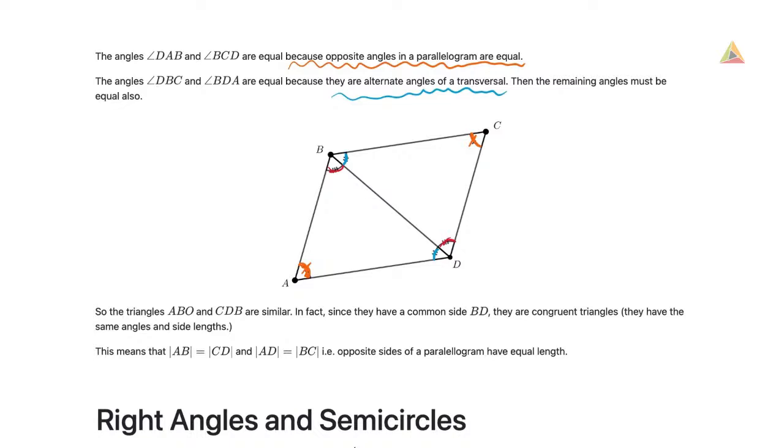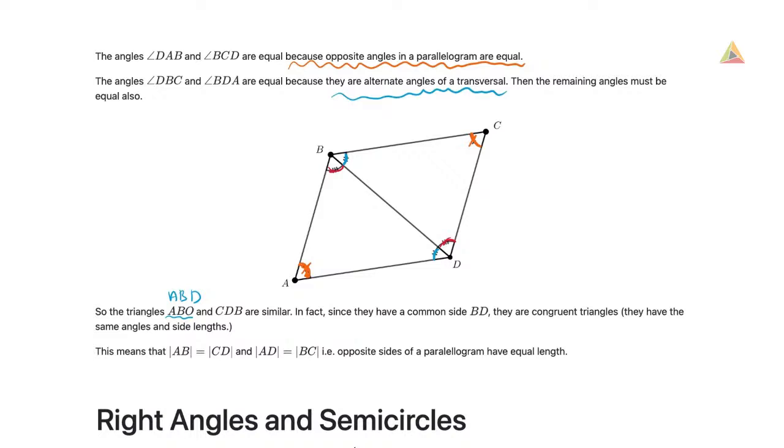So the triangles ABD, so that's the first triangle, and the triangle CBD are similar. In fact, since they have a common side BD, they are congruent triangles, so the same angles and side lengths. So the triangle ABD and CBD.